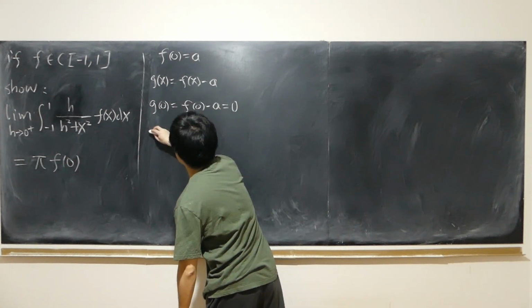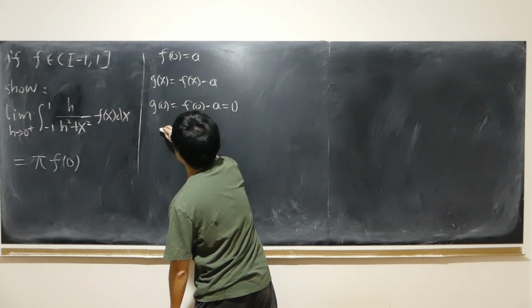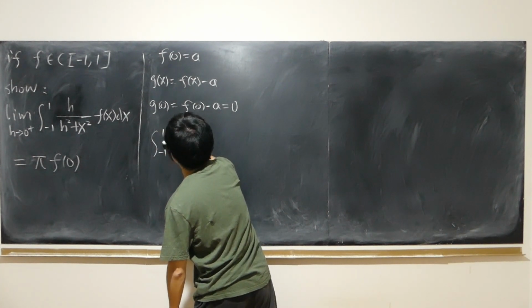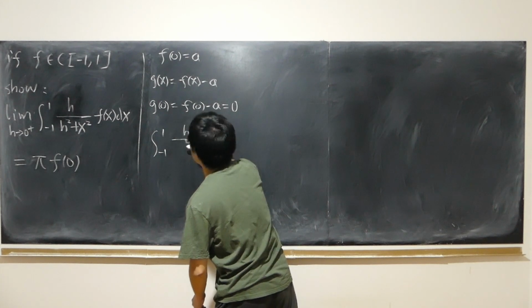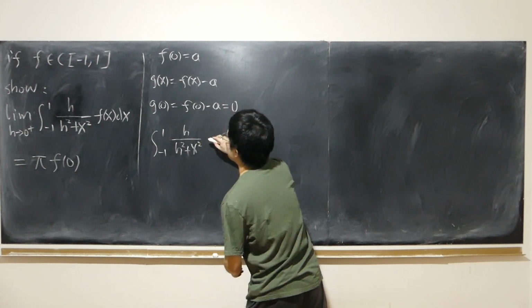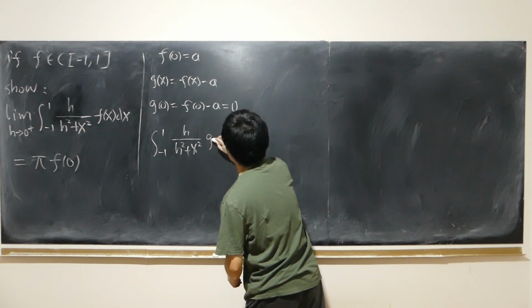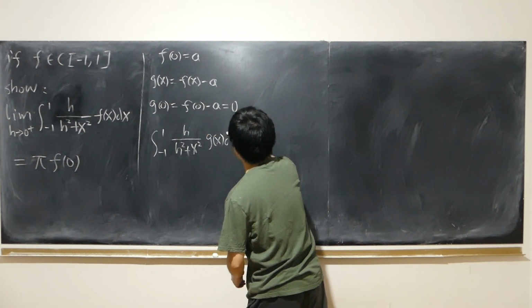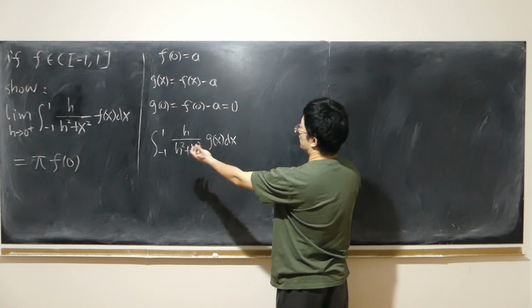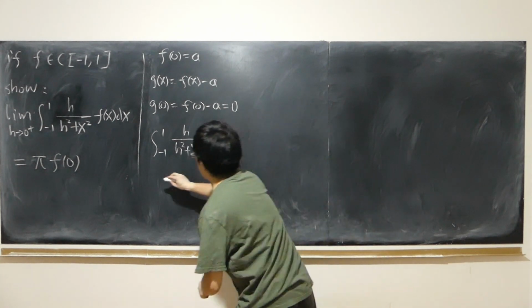Meaning the integral from negative 1 to 1 of h over h squared plus x squared times g of x should approach 0.